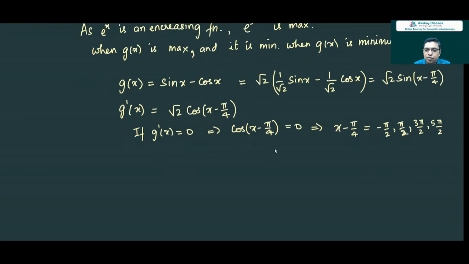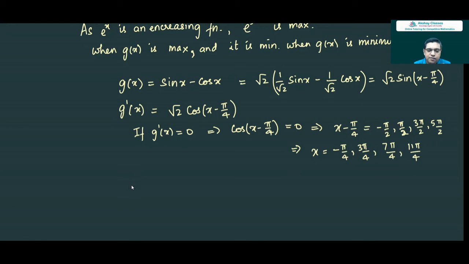Which means that x will be, add pi by 4 to all of these. You will get minus pi by 4, plus pi by 2 plus pi by 4 is 3 pi by 4. Then 3 pi by 2 plus pi by 4 is 7 pi by 4, and 11 pi by 4, and so on. All right.